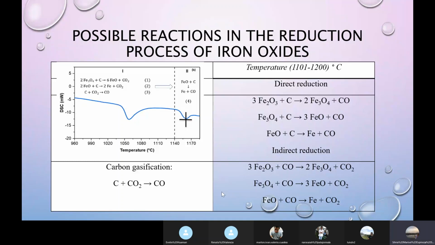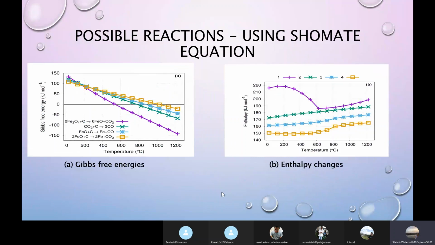But this graphic is a study of the thermodynamic process using the Shomate equation. This graphic was made by Dr. Cabrera, who helped us with this explanation, and in the paper did a great analysis.